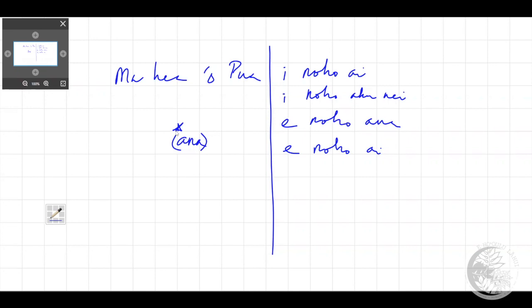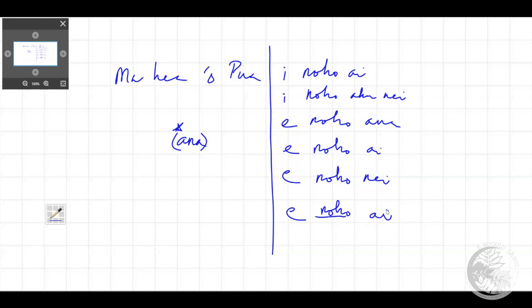If I'm talking about where's Pua living right now, where is it happening right now? E nohone. Mahea Pua e nohone. Where should Pua live? Where would Pua live? Where shall she live? Mahea Pua e noho. Nohoi.